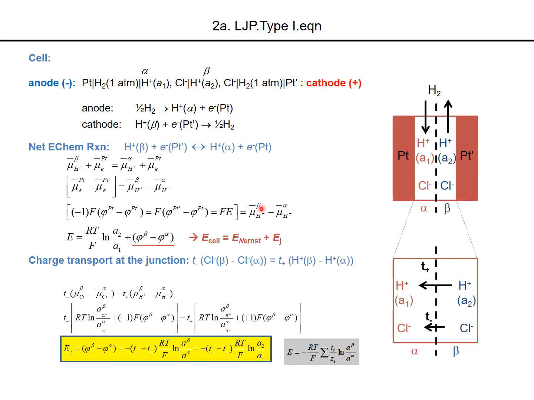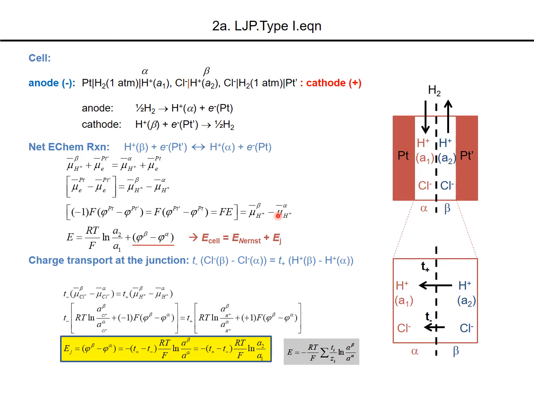Then each proton electrochemical potential is split into 3 terms, and from both electrochemical potentials of proton, we have the same value of standard chemical potential.